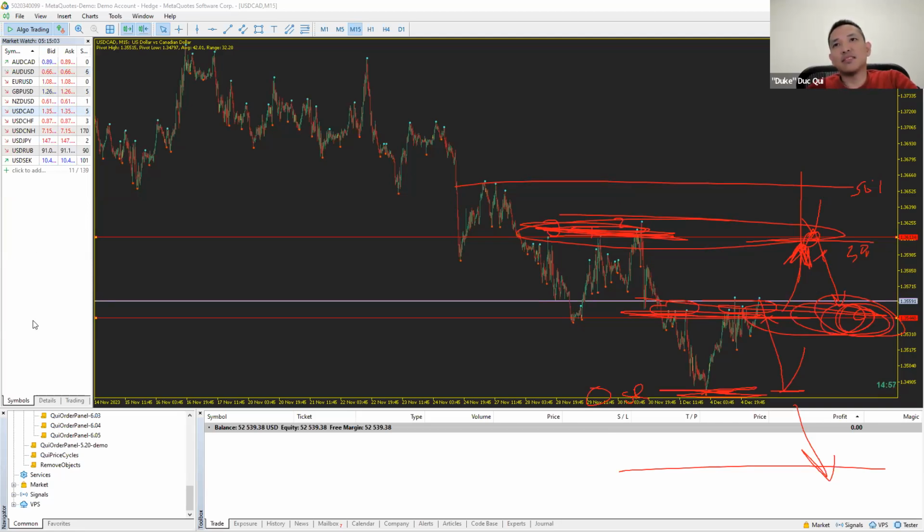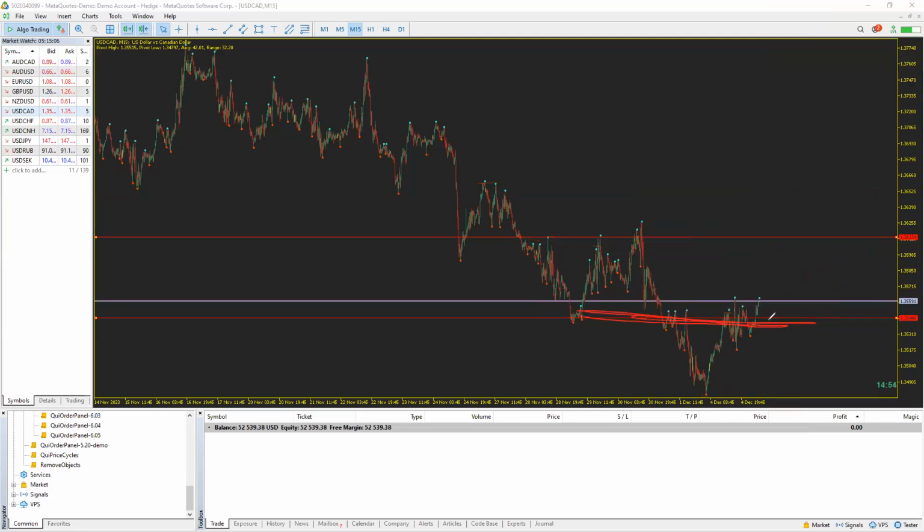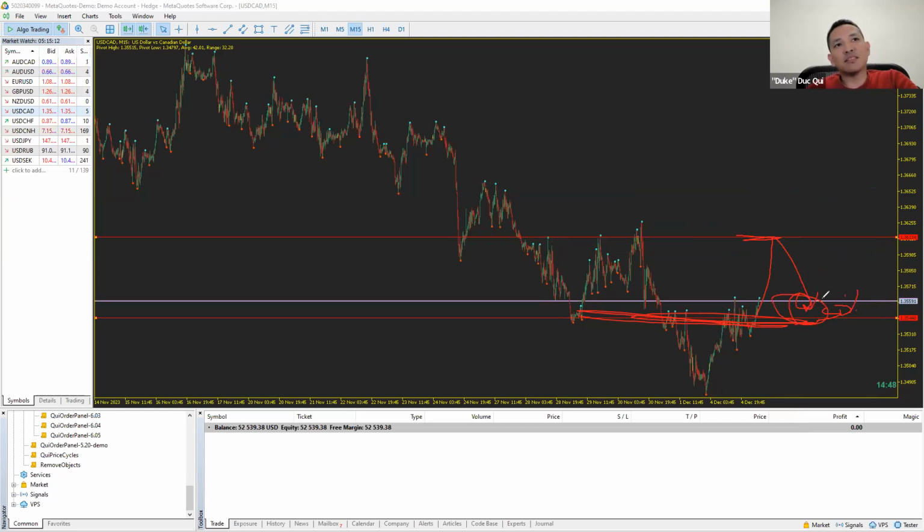Does that make sense? Yeah. This was the KPI. Guess what? It's also your 50%. So if it comes up to here, bounces, it's likely to come back to this area. Yeah, that makes sense. So KPIs is about your next one, not your current one. The current one becomes the next one when it is for the pullback.